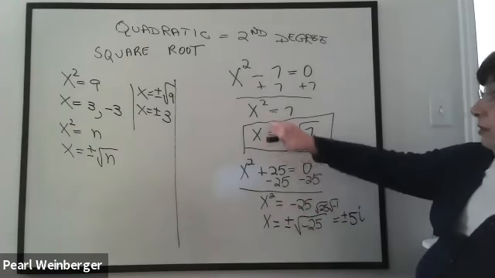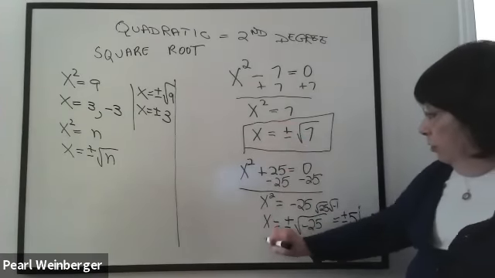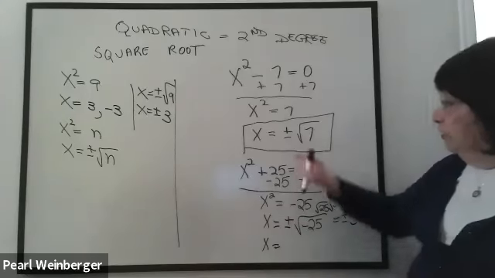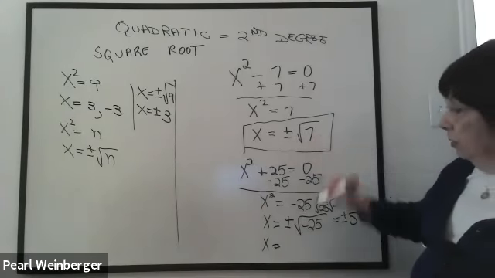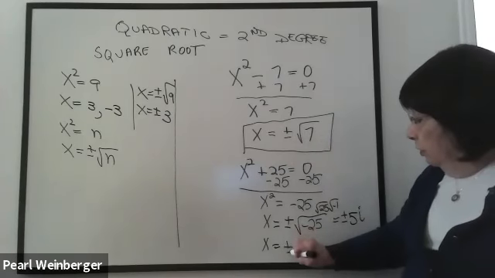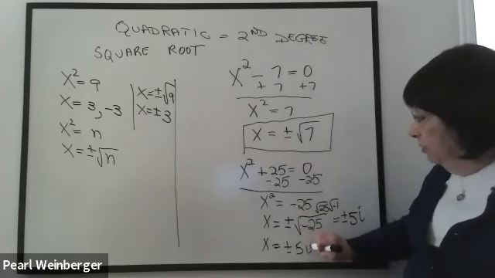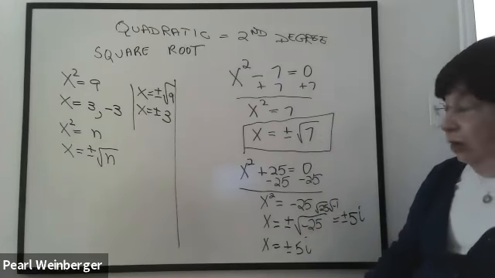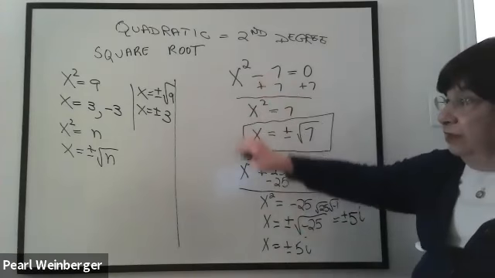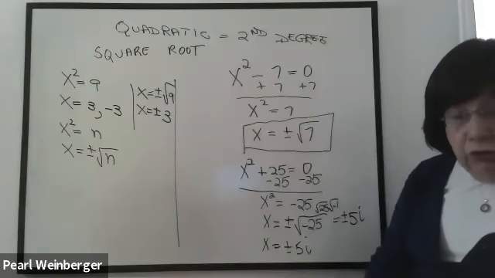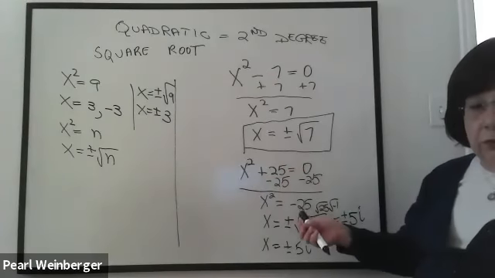In other words, in the first case, we got an answer that was an irrational number. In this case, we get an imaginary number as our answer, 5i and negative 5i. But notice, none of these were very difficult to do because we could use our square root method.